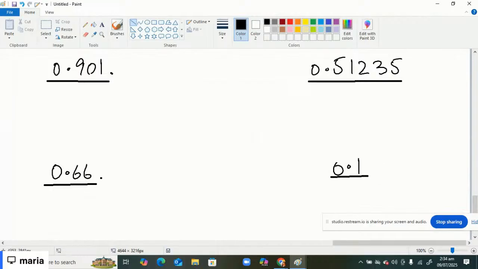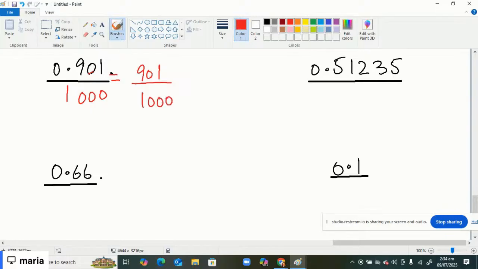In place of the point, we are putting 1. So how many digits after the point? 3 digits: 1, 2, and 3. Now tell me the answer. On the top only 901, and on the denominator it's 1000.